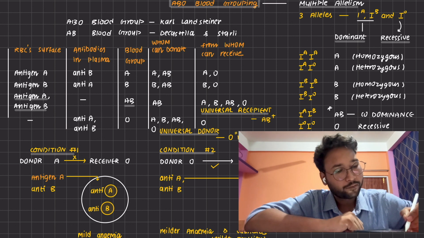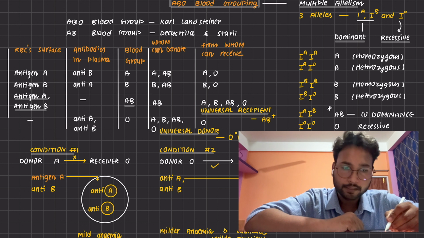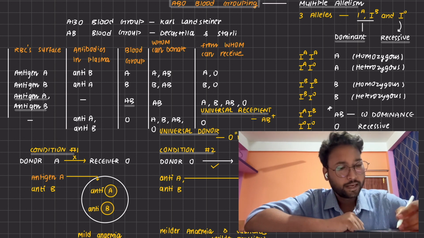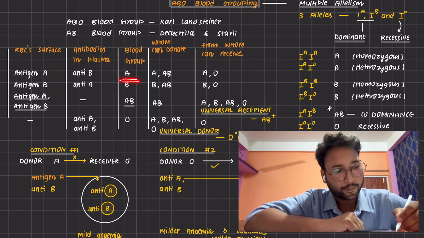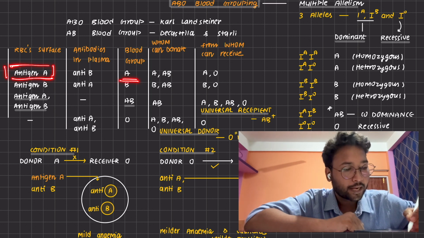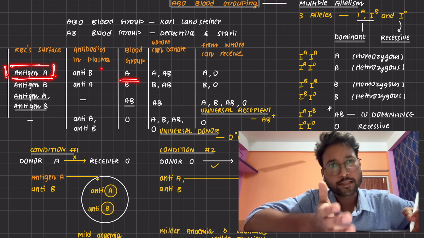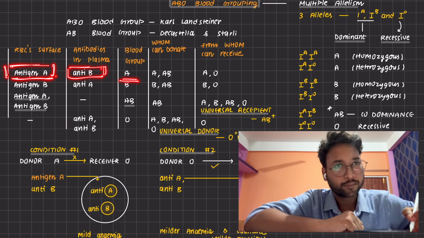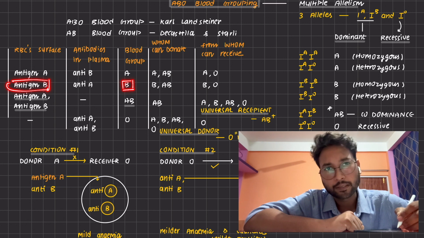Simple. If a person with blood group B has antigen B on the RBC surface, as we discussed, then the antibodies present in plasma are anti-A. If a person has AB blood group, both antigens are present on the surface of RBCs, and this is the opposite scenario, so there are no antibodies present in plasma.